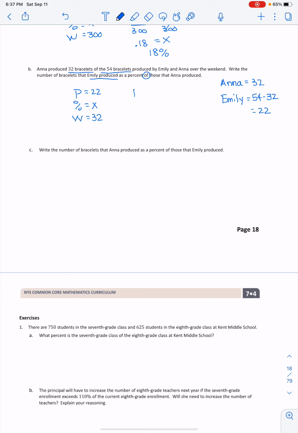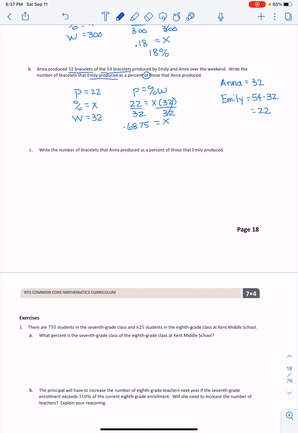So now we have our information for our part equals percent times whole. So now we can put that information in. So we have 22 equals X times 32. Divide both sides by 32. So X is going to equal 0.6875.